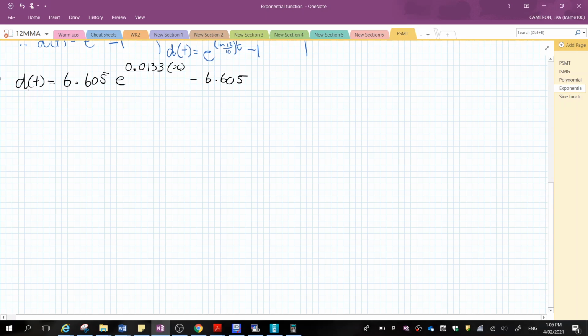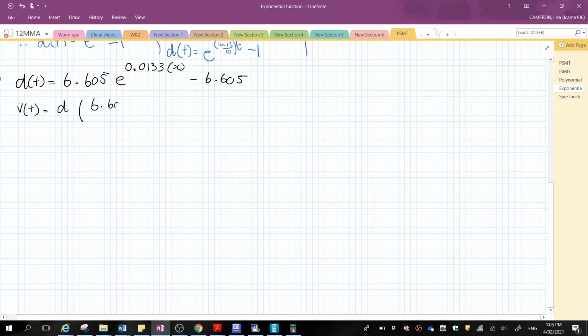Okay, so now I've got d(t) equals this as my function for displacement with respect to time. The next one that we want to work out is our velocity or our speed with respect to time. So velocity with respect to time is going to be given by the derivative of this function here.